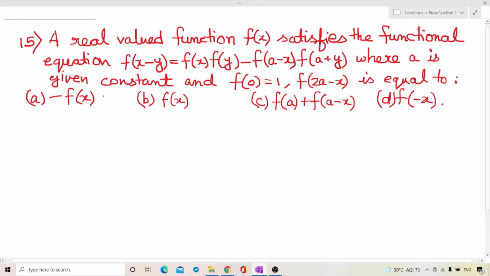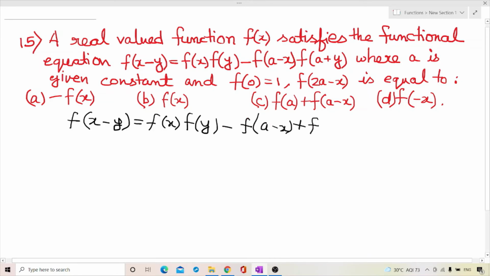So we have f(x minus y) is equal to f(x) into f(y) minus f(a minus x) into f(a plus y). Now here we put x equal to y equal to 0.